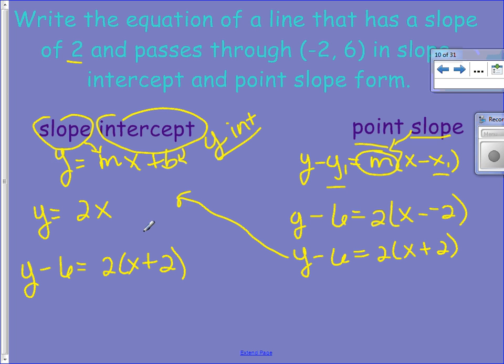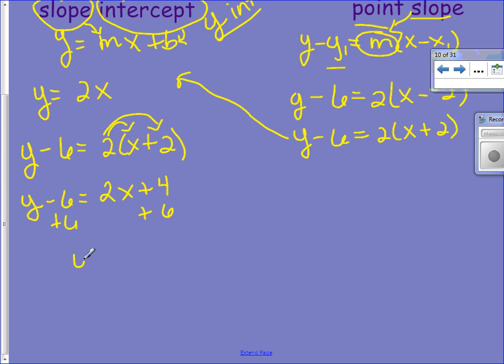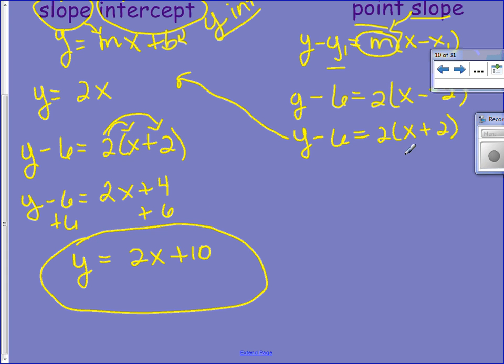Distribute that 2 in there. 2x plus 4. Now what do I have to do? Add 6. Do I add 6 to my 2x? No, they're not like terms. So now I have y equals 2x plus 10. Okay? Does that make sense?